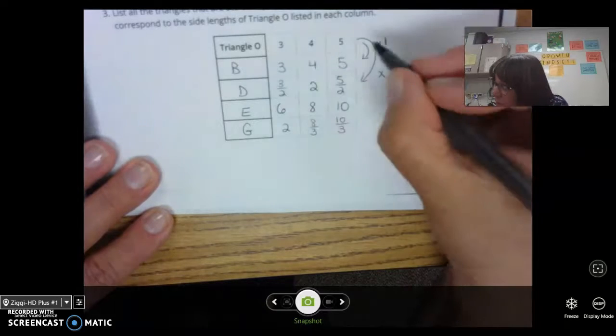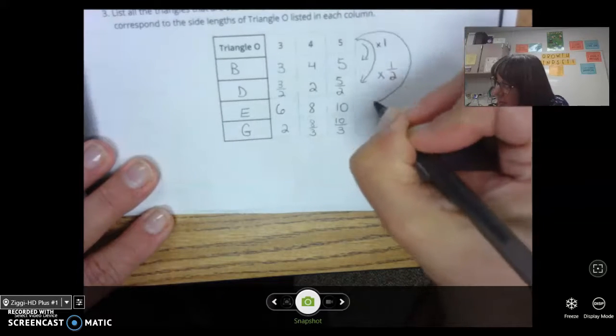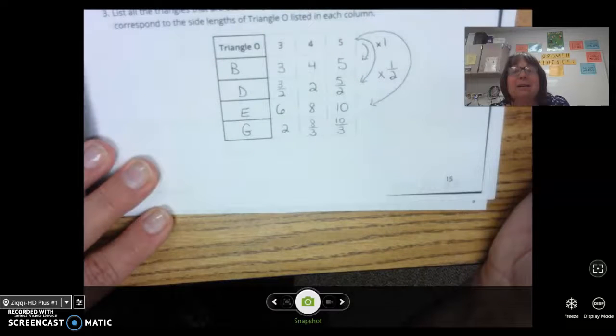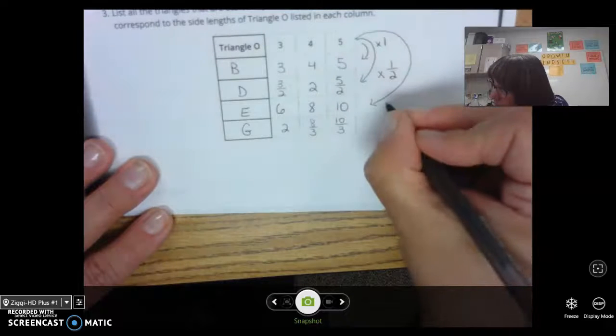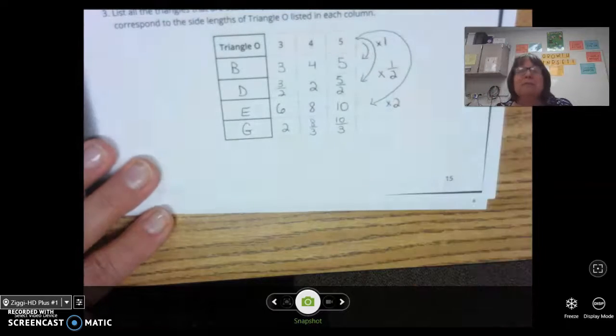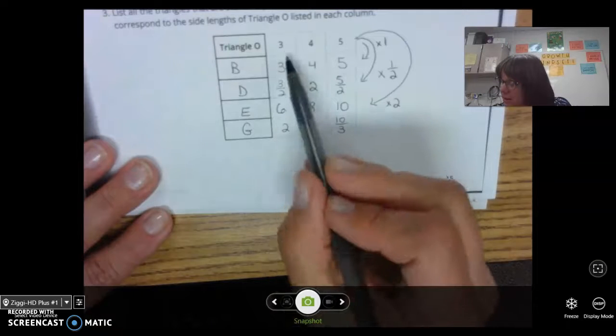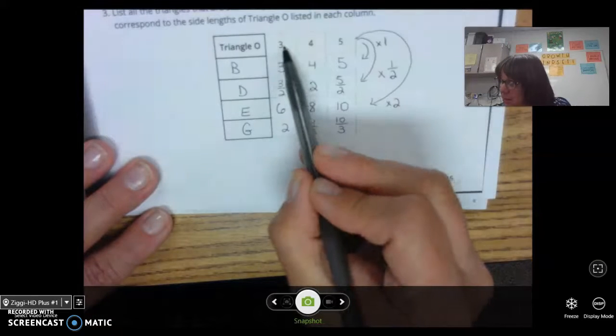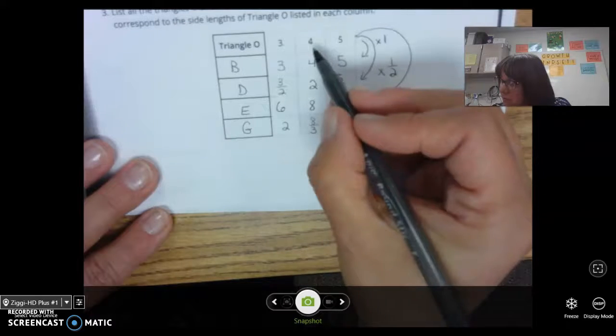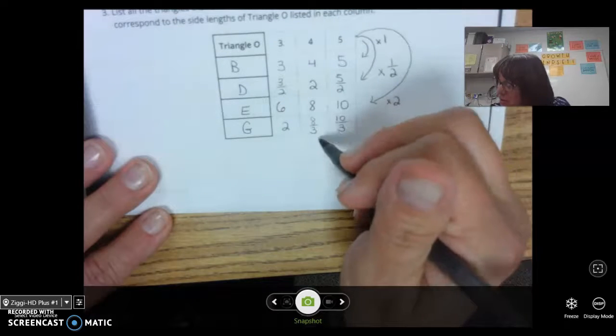And then we went from 5 to 10. Now what did we multiply by? Oh, well, that was a multiplication of 2. We multiplied by 2. And then I go to the last one. What did I multiply by to get from 3 to 2? From 4 to 8/3.